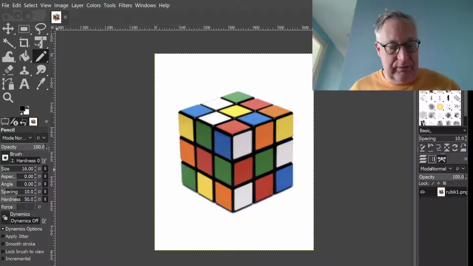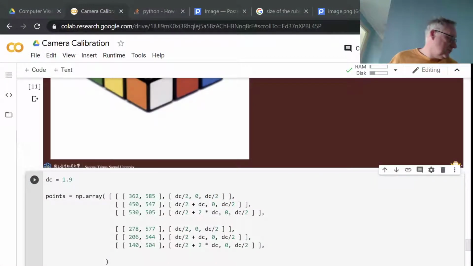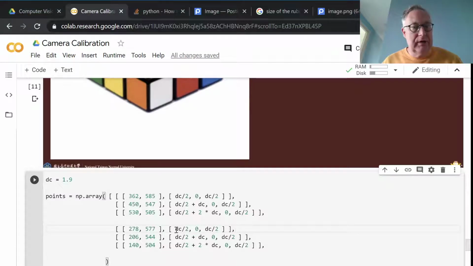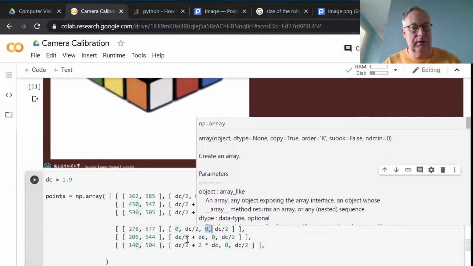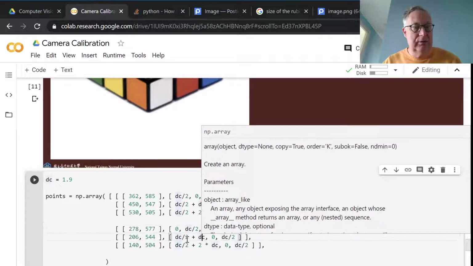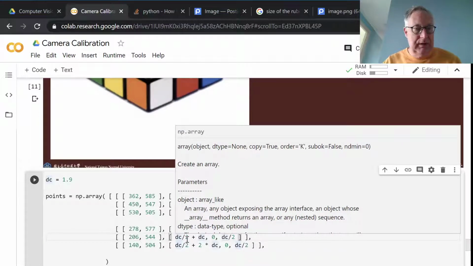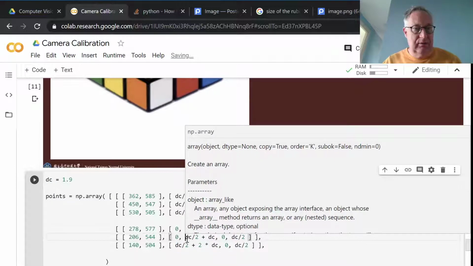So those coordinates. The first coordinate, x, would be 0, y dc over 2, and z dc over 2. Next one will be x is 0, dc over 2.